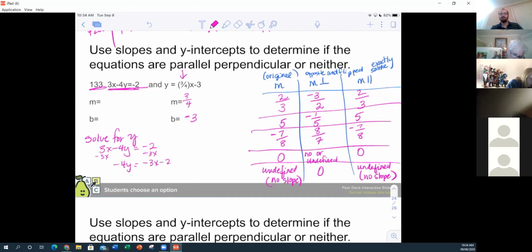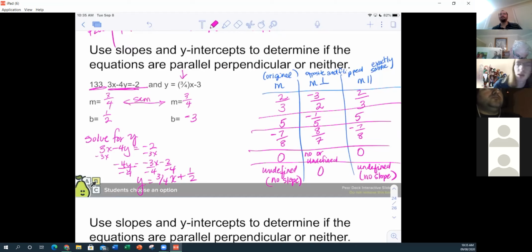And then we divide everything by -4. Okay, and now if the slopes are the same, which they are, and the y-intercepts are different, which they are, so if these are the same and these are different, that means the lines are parallel.